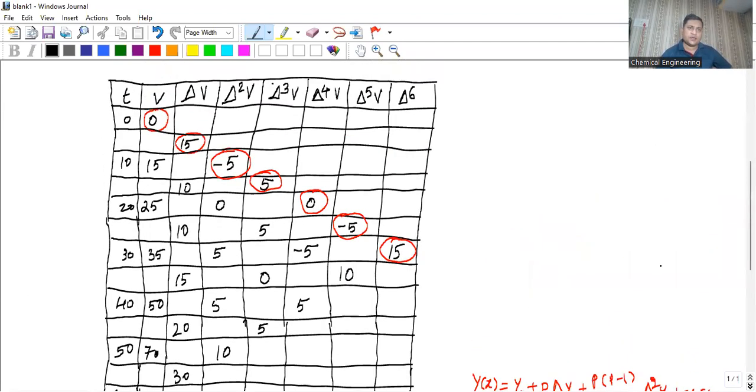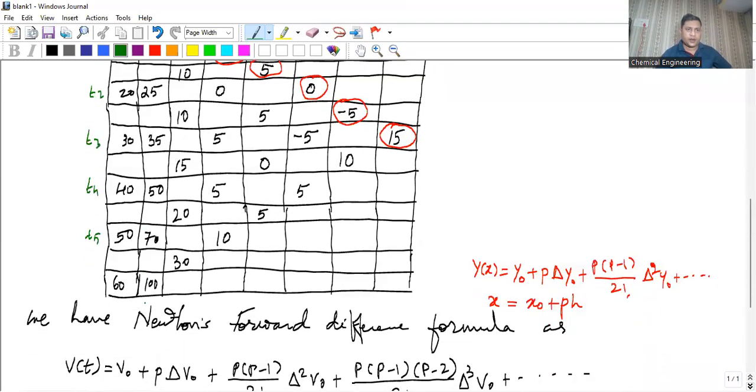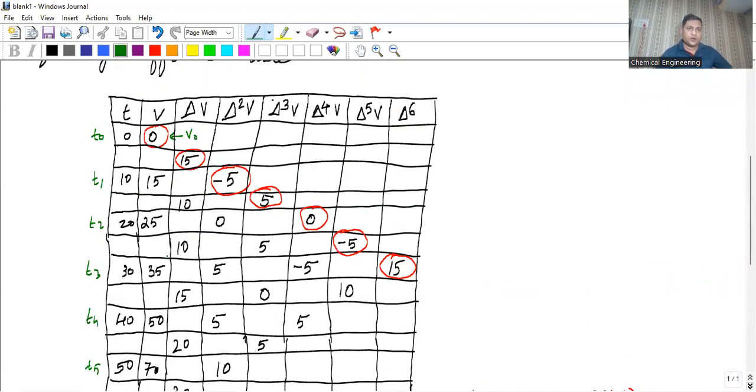So here always we start with t0. This is t0, and corresponding to this the value is v0. And this is t1, t2, t3, t4, t5, and this is going to be t6. Now here, this is v0.